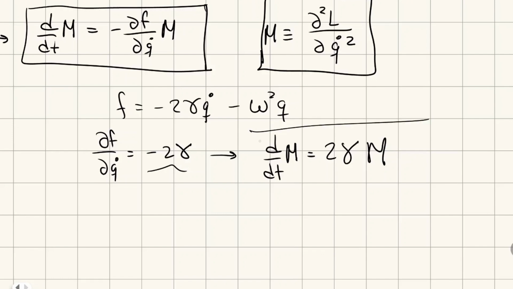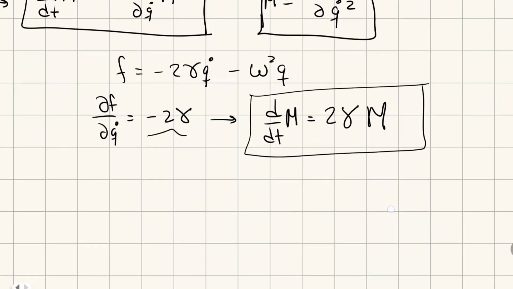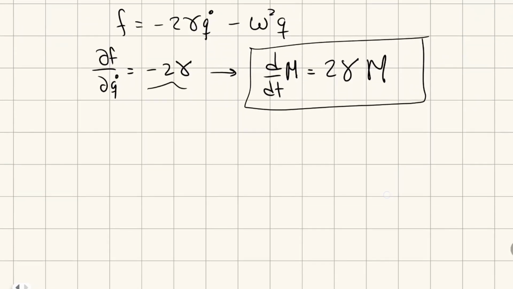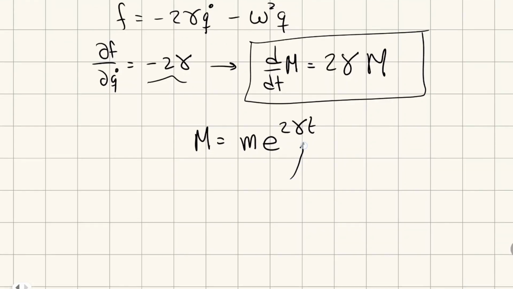Okay, so in this case we have a very easy differential equation that is immediately solved. We can see easily that a solution for that differential equation is m equals m e to the 2 gamma t. And an important fact to notice here is that when we take gamma, the damping constant, equal to 0, we can recover the harmonic oscillator without any damping force.